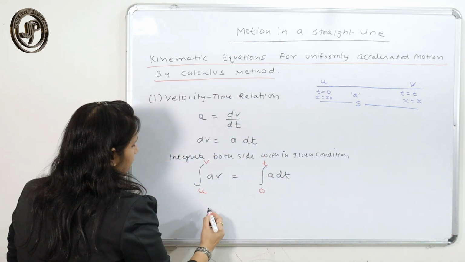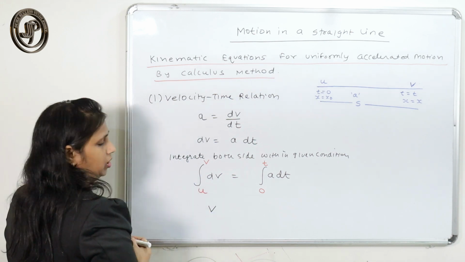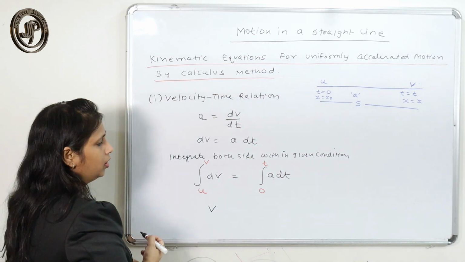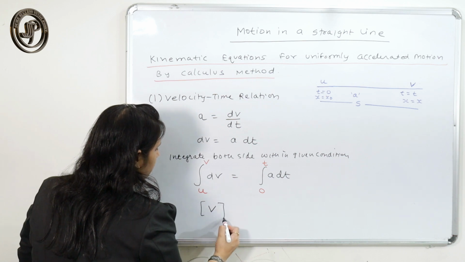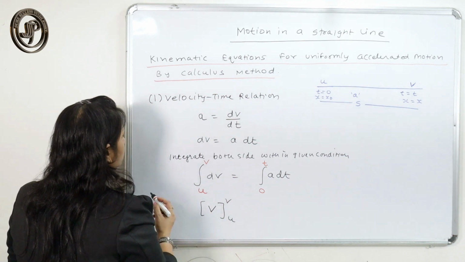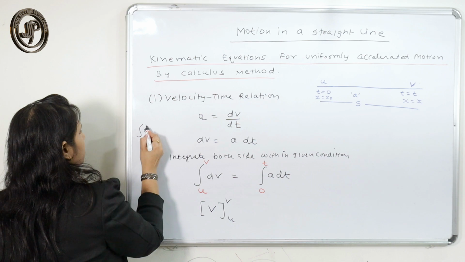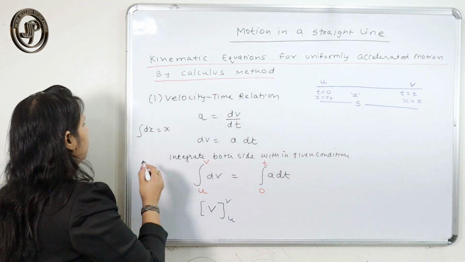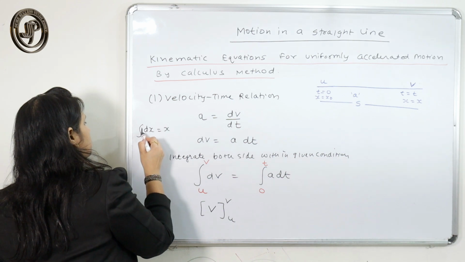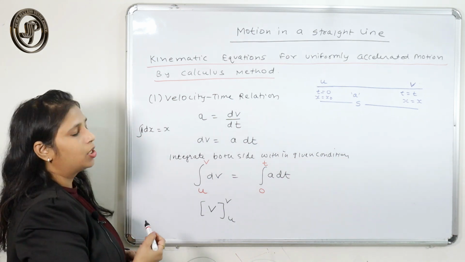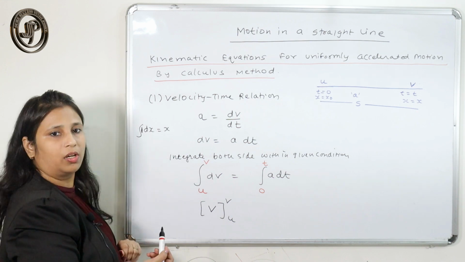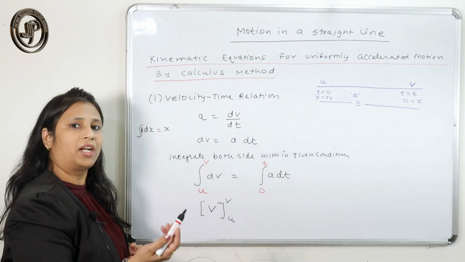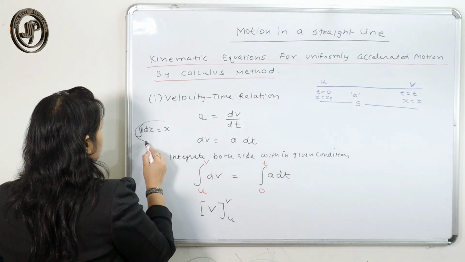Now if I integrate this, I will get v. How? We know that the integral of dx is x only, meaning you are just integrating 1 times dx, and the integration of 1 is x. The integration of 2 is 2x.